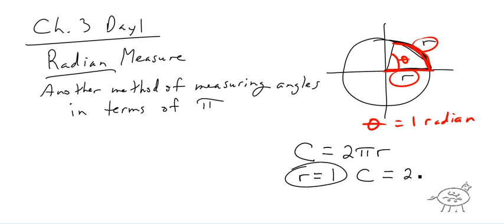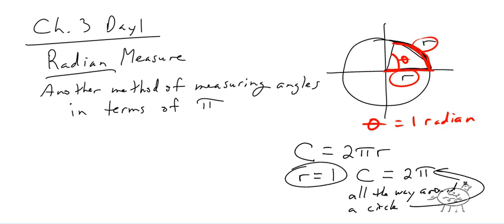Isn't it 2 pi? That's the distance all the way around a circle. That's the circumference of the circle. So I can say 2 pi radians is equal to 360 degrees.